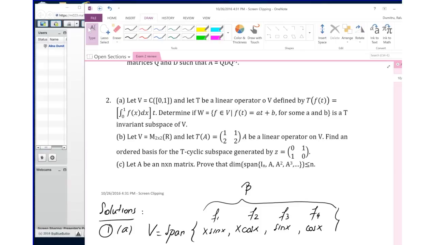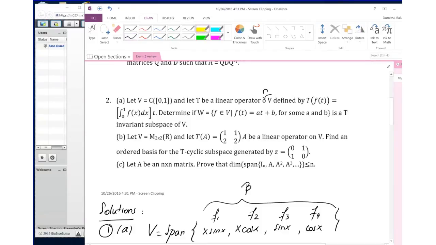That wasn't the case, so there are 3 completely disconnected questions here, but anyways. I'm missing an N. All right, so we have a linear operator defined by that. T of f of t is that integral times t.